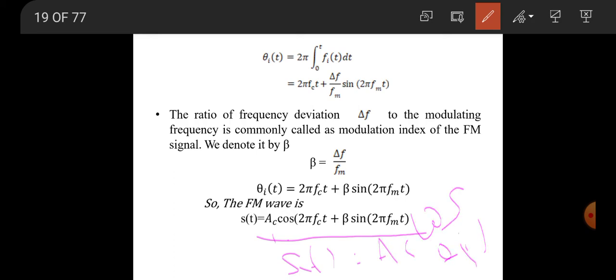For FM, we have derived theta i of t as 2 pi fc t plus beta sin 2 pi fm t. This is the total angle modulated wave for the FM signal.